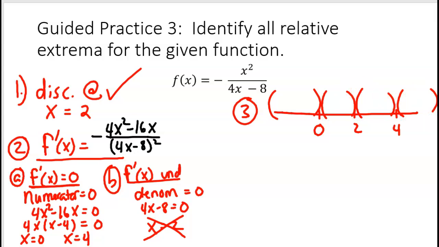All right, so I want to test 4 intervals now. Let's just go ahead and put a cross through that now, because we know that 2 is not going to give us a relative extrema. It doesn't matter what happens. That cannot be a relative extrema. But we do want to include it on our number line. If you don't, that could cause a problem, because the slope here might be different than the slope here.